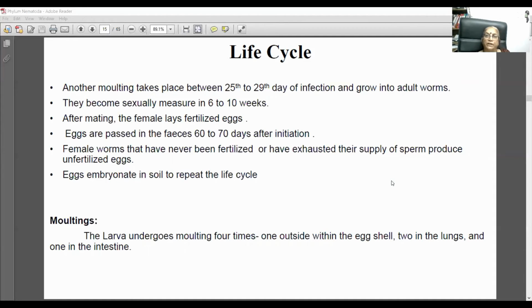The male is 15 to 30 centimeters and the female is 20 to 40 centimeters. So this is the size they are going to grow after molting takes place. The fourth molting takes place. They become sexually active, and this occurs after 6 to 10 weeks.